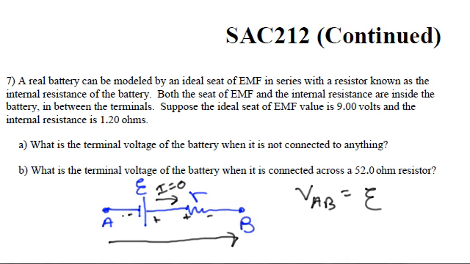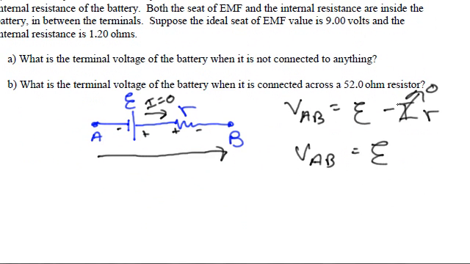So I get plus script E minus I times little r, but this is 0, so I quickly proved that the voltage from A to B is just equal to script E. That's given as 9 volts, so VAB equals 9 volts.